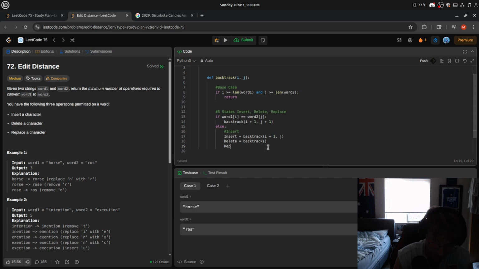No, we can replace. I know replace should be, we would just move both, i plus 1, j plus 1.